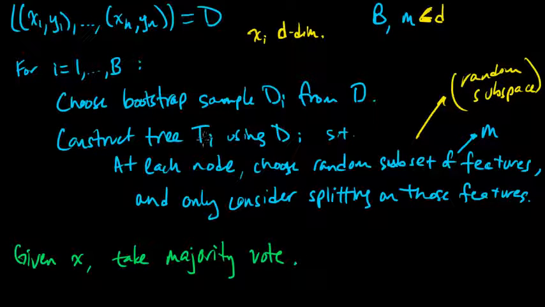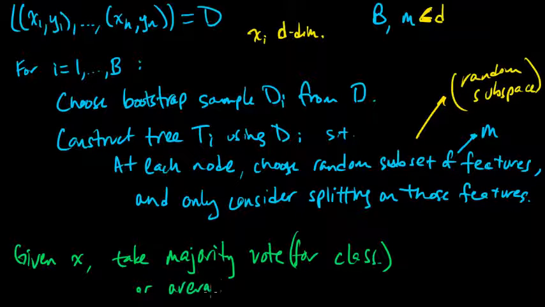That is a majority vote for classification, or if you were doing regression, you could average the probabilities, or just average in general.